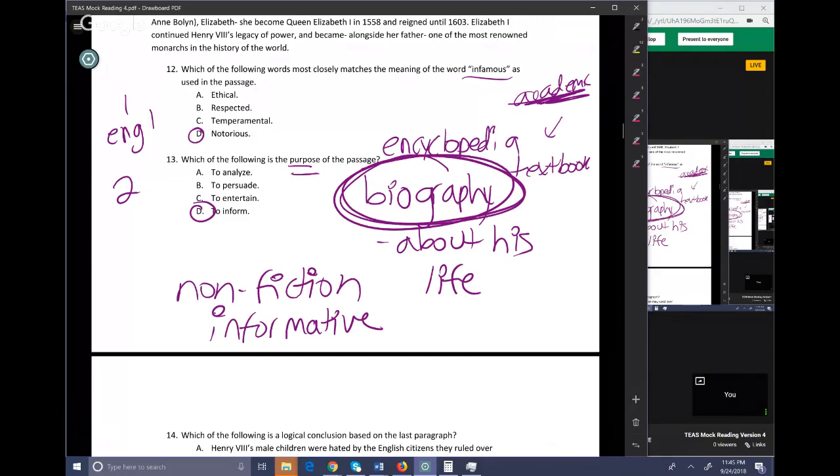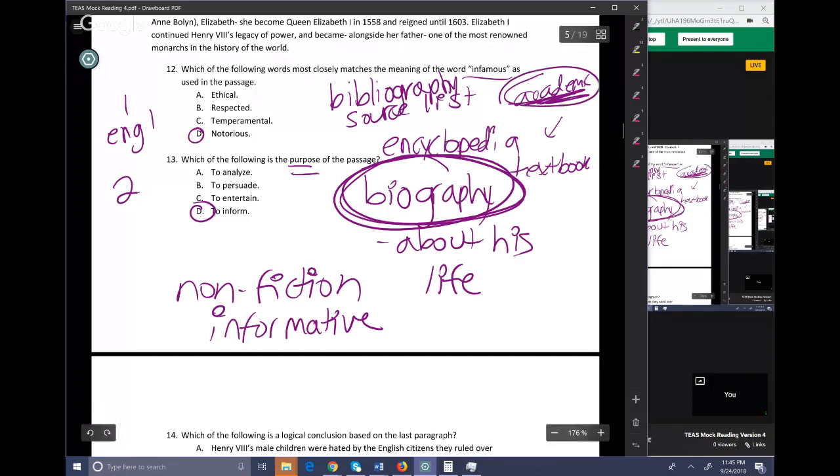A lot of times they'll write bibliography as a choice because it looks so much like biography, but that's a source list, so that's way off. We don't find it in a novel or a fiction or a poetry collection or anything wild like that. We find it in an academic source because it's sort of a profile of their life. So that would be like an encyclopedia or a textbook.